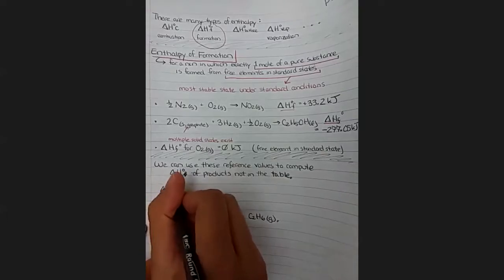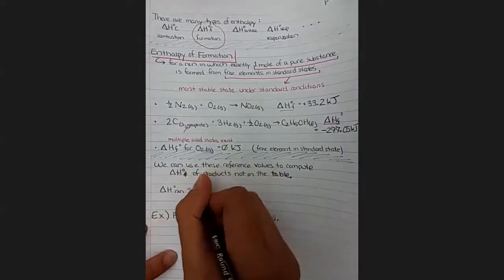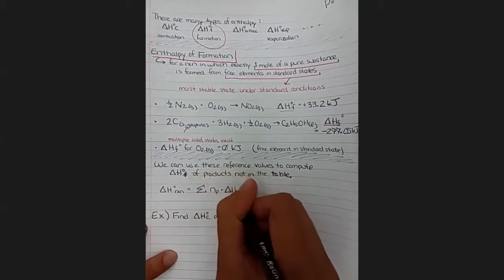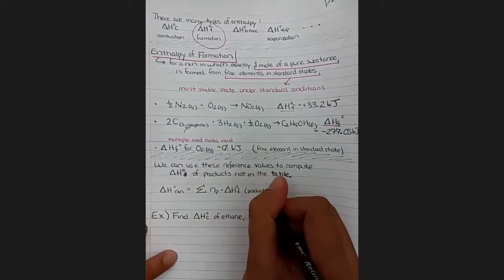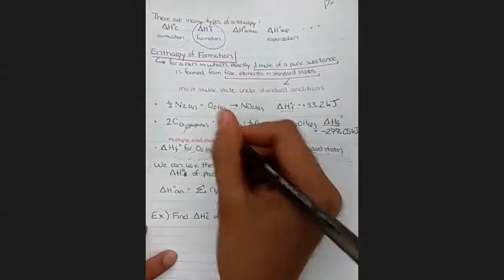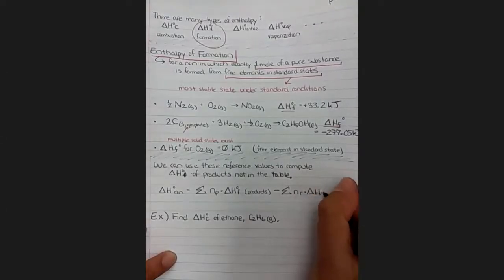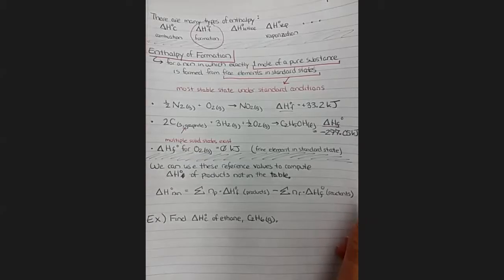So if you wanted to find the delta H of the reaction, you could take all of the values of the products' delta H of formation that it takes to form those products from their elemental compounds, and you can subtract out the delta H of formation for the reactants, because the reactants are being unformed, deformed, backwards formed, whatever you want to call it.